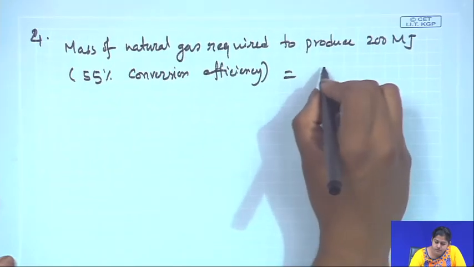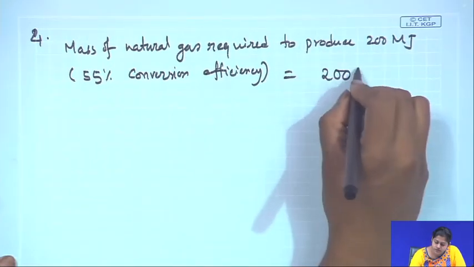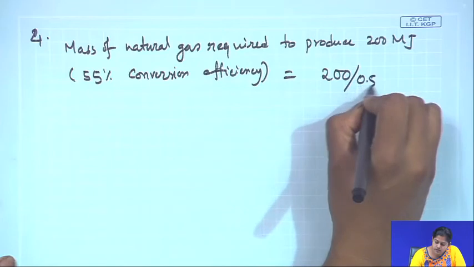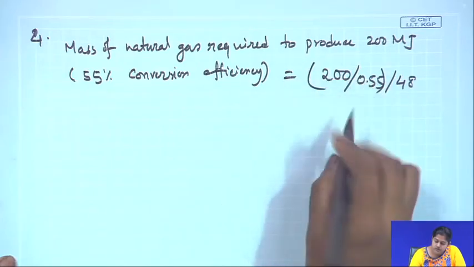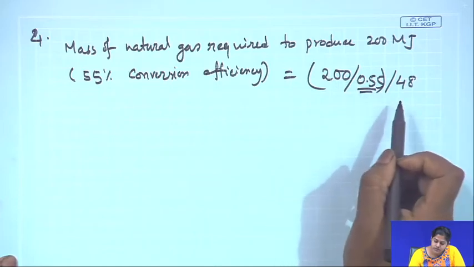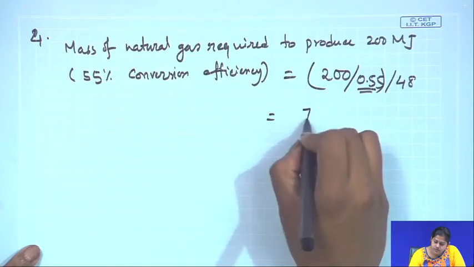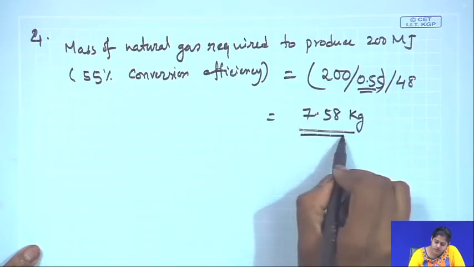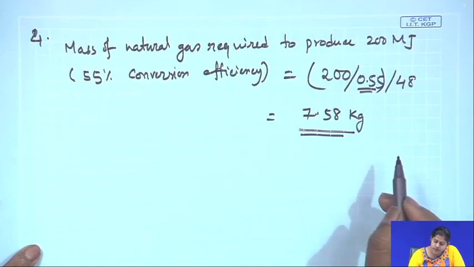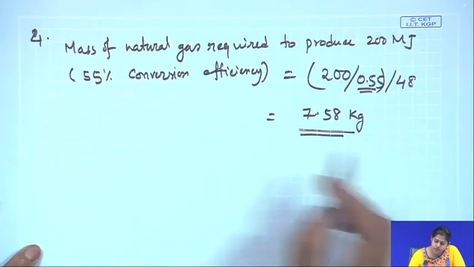So, this will be equal to 200 divided by 0.55 divided by 48. This 0.55 is coming because 55% is given as conversion efficiency. So, this will be 7.58 kg. It means that this much amount of natural gas will be required to produce 200 megajoule of usable energy.